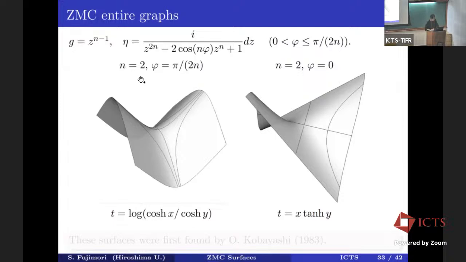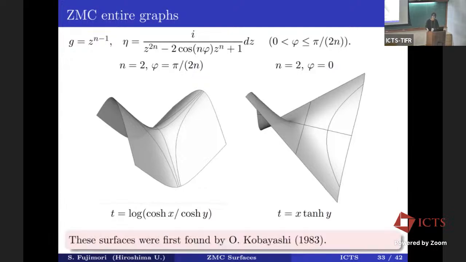And when n equals 2 and phi equals this value, then the surface is a graph and can be explicitly written this way, log of cos x over cos y. Okay. And in this case, t equals x times hyperbolic tangent y. And these are entire graphs. And so this t satisfies the zero mean curvature equation. And the inside here is space-like, outside is time-like.